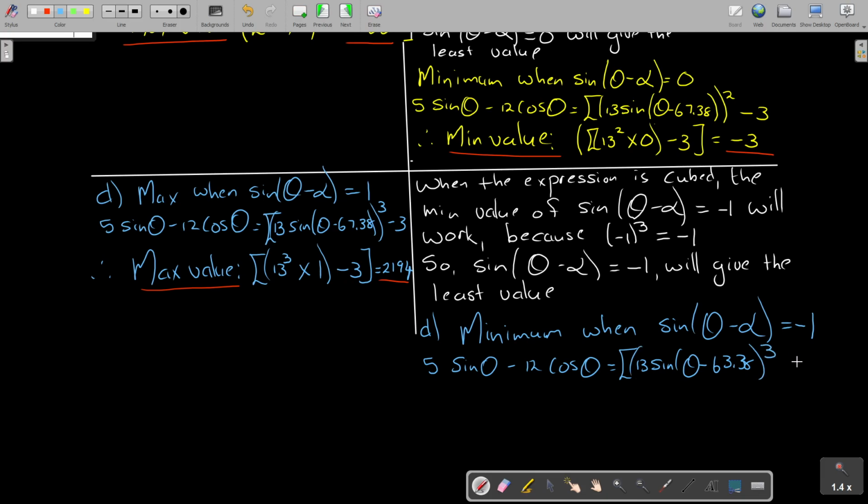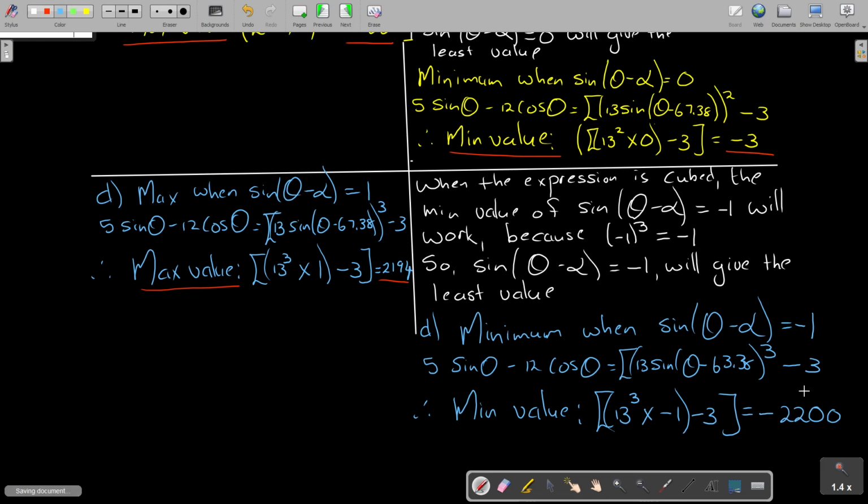Now I'm going to cube it, and then I'm going to subtract the 3. So therefore, the minimum value is going to be 13 to the power of 3, multiply that negative 1, subtract 3, and that answer will be negative 2,200, and that will be my answer of the minimum value of number D.